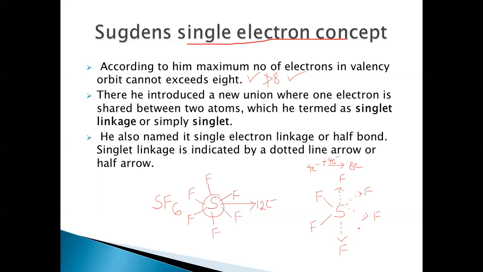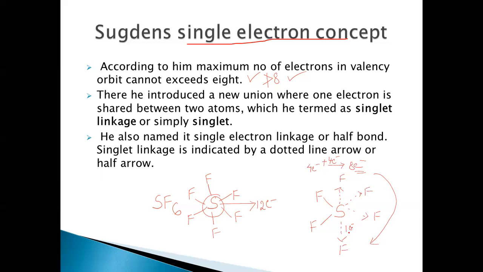So in order to attain 8 electrons in its valence shell, the sulfur forms 2 covalent bonds with 2 fluorine atoms and 4 singlet linkages with 4 other fluorine atoms, where it shares only 1 electron by means of each singlet linkage.